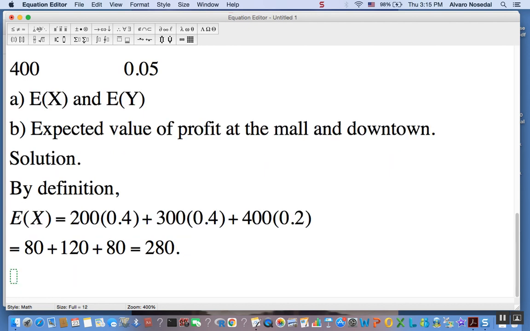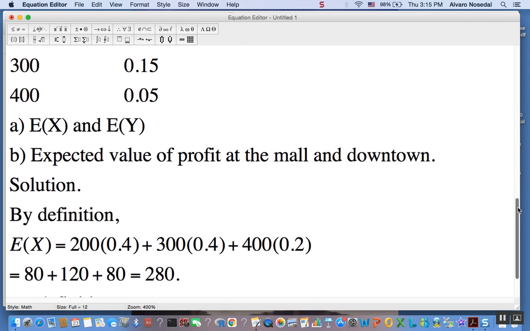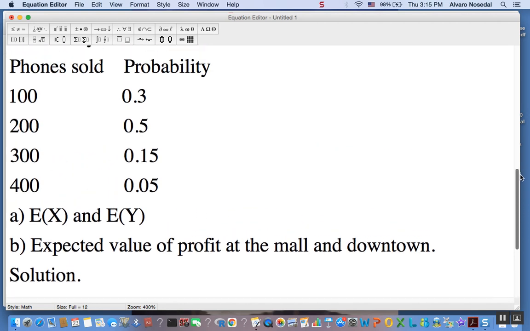So by definition, expected value of y equals, now we have to refer to the probability distribution of y.